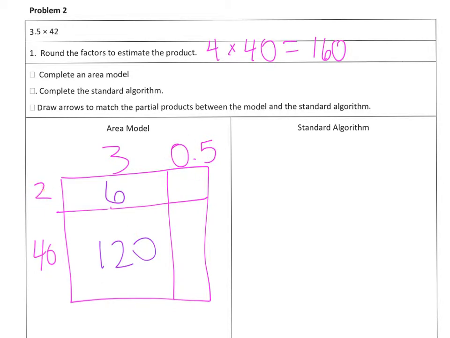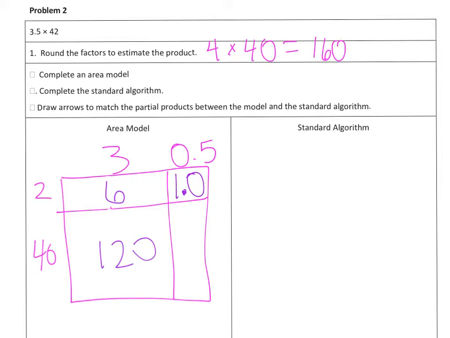Well, 2 times 5 is 10. Just like how I like to cross out my zeros and just deal with numbers, I'm going to do that. So 2 times 5 is 10. But then I know it's not 2 times 5, it's 2 times 5/10. So I took my decimal out and I'm putting the decimal back in. Then 40 times 5/10.